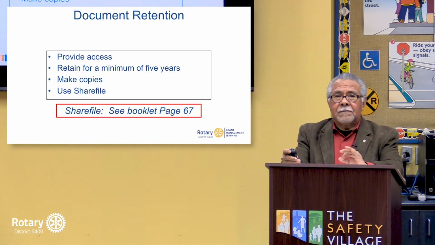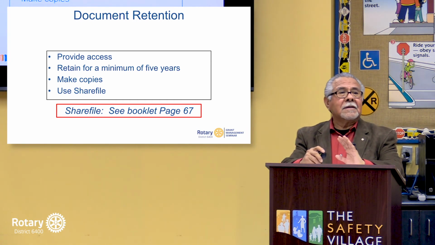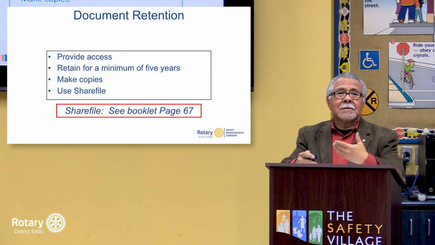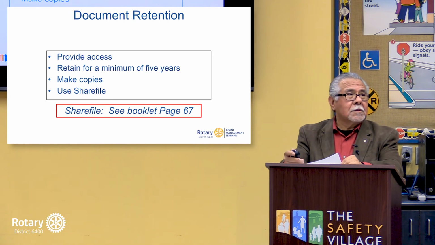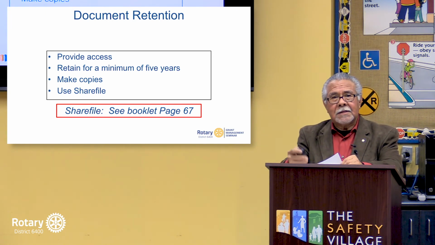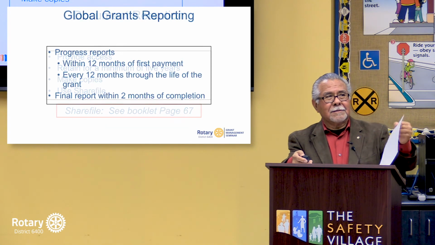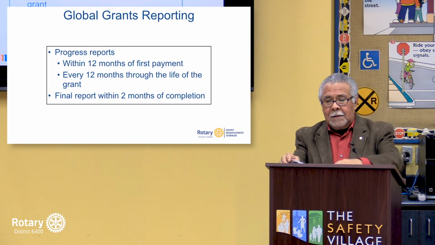Make copies of all pertinent documents. And when in doubt, copy, copy, copy. Okay? And then, of course, we provide the use of ShareFile, or the district does. And I think Rick is going to be speaking about that in a while.